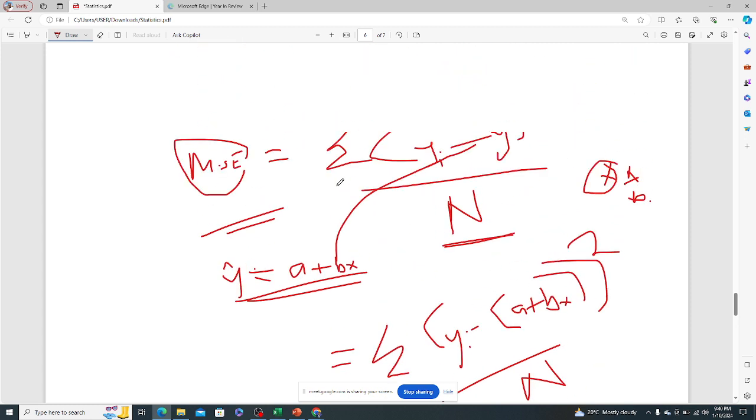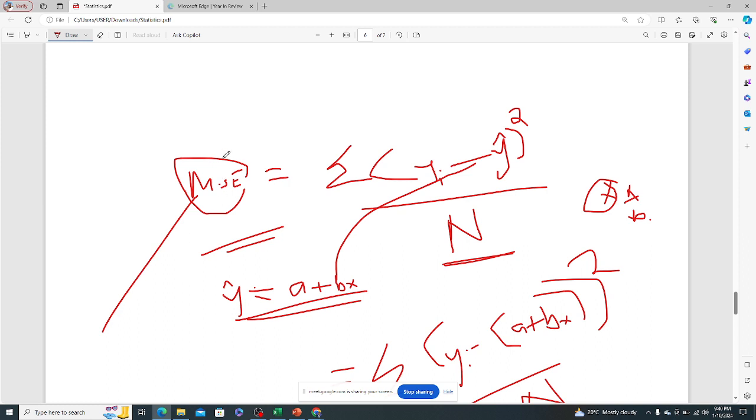What I can conclude here is that the smaller the value of mean squared error, the better our coefficients are. That's how the cost function works.